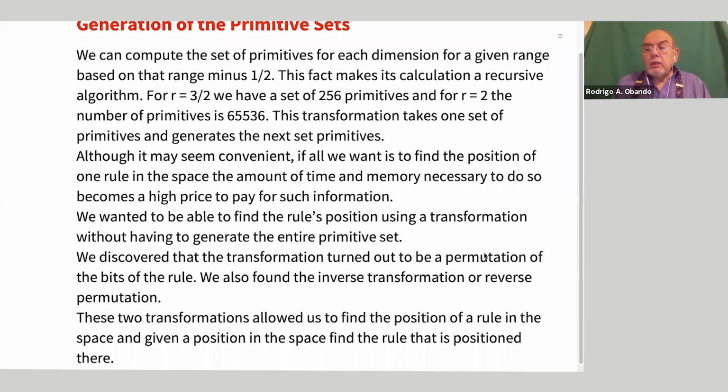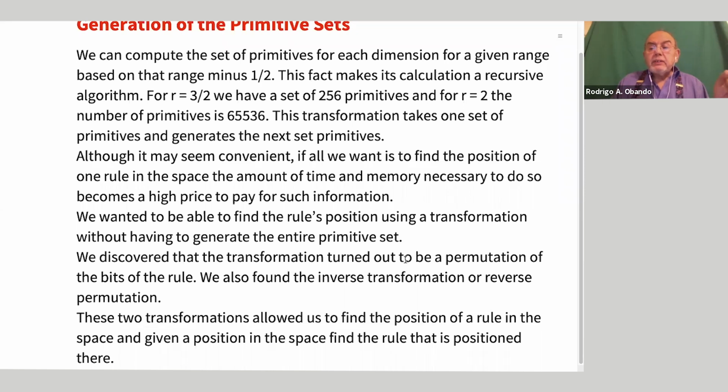So we looked into this and we discovered that there is a transformation that can tell us, for a given rule and given the primitives, the relative position in the space that we created. This is not done without a partition of the primitives, but given the primitives, we can find it.